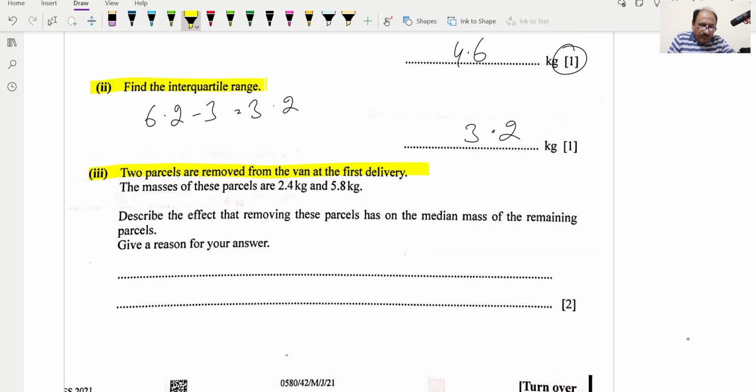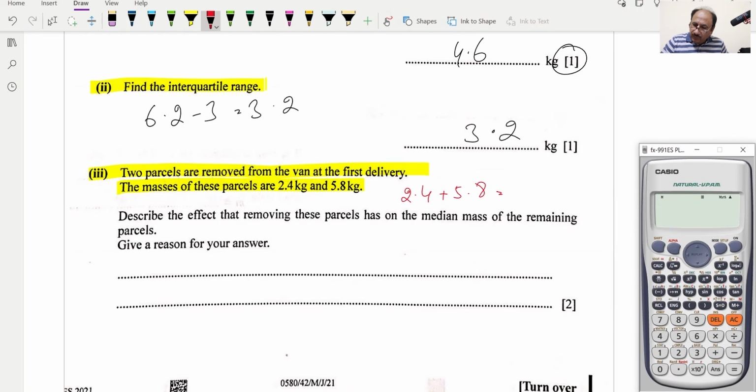Next they are saying 2 parcels are removed from the van, and at the first delivery the masses of the parcels are 2.4 and 5.8. So the removed parcels have a total mass of 2.4 plus 5.8, and this is equal to 8.2.